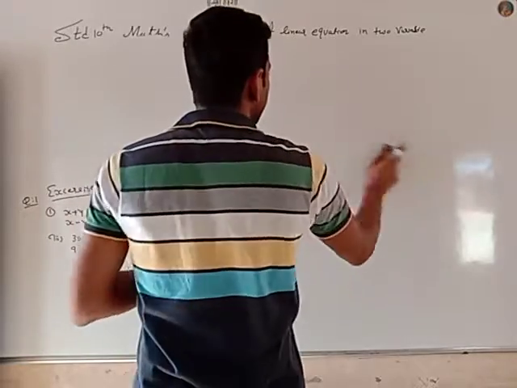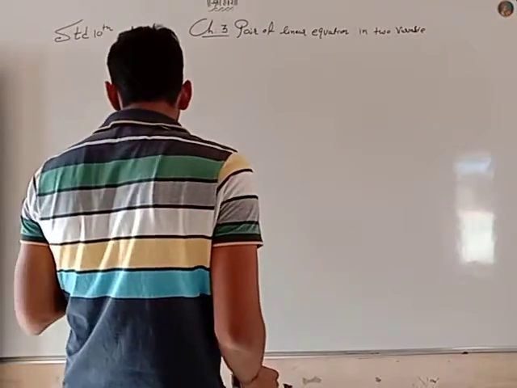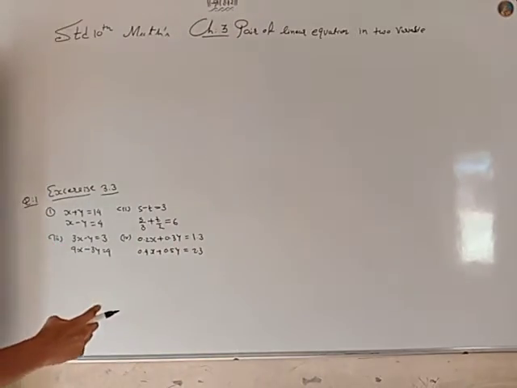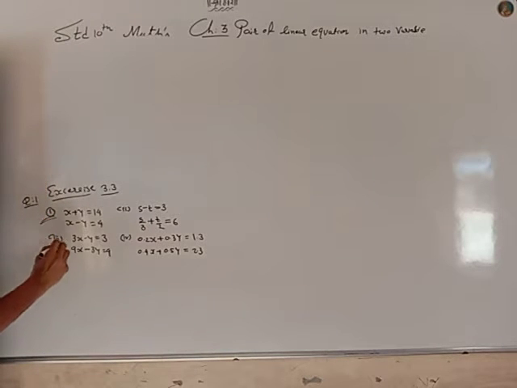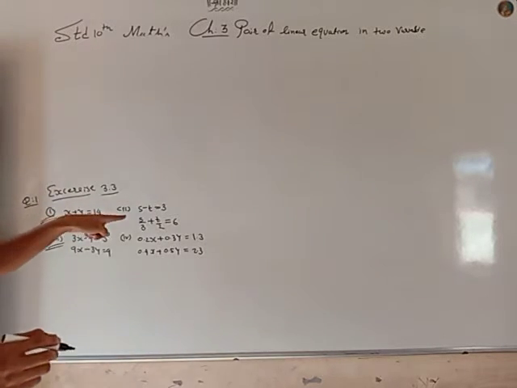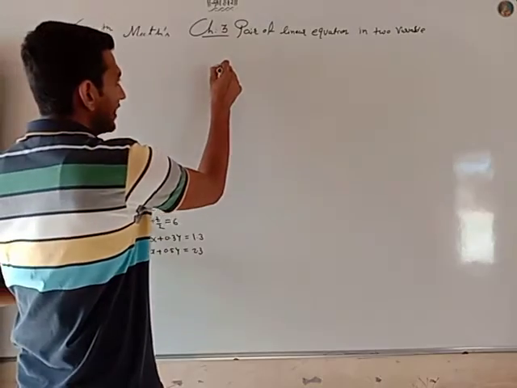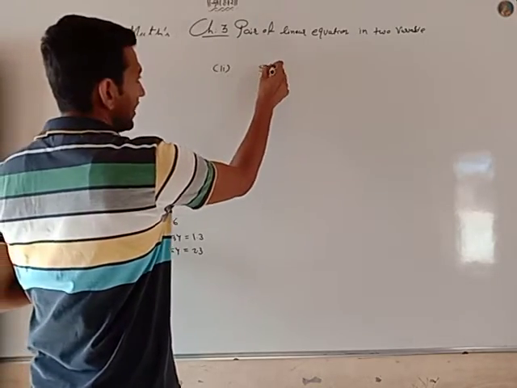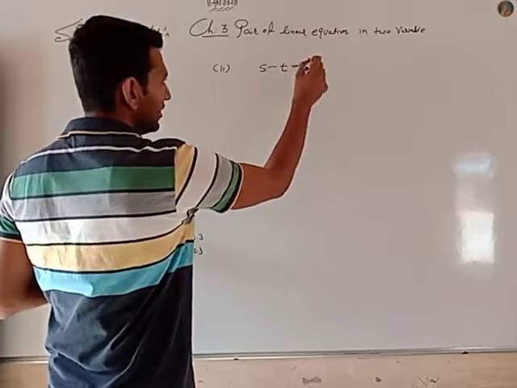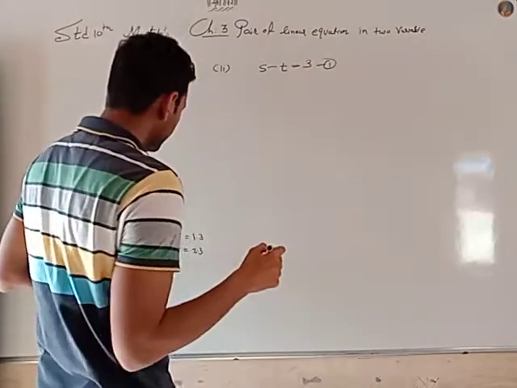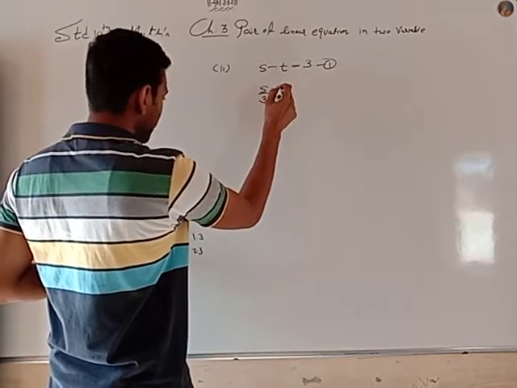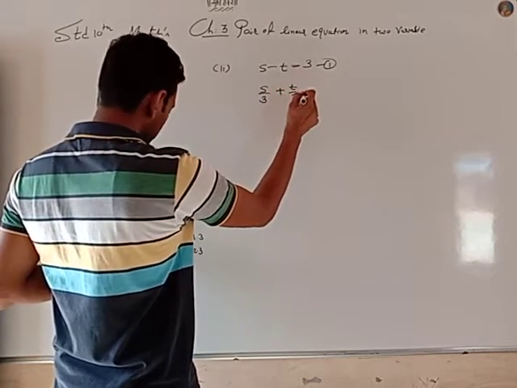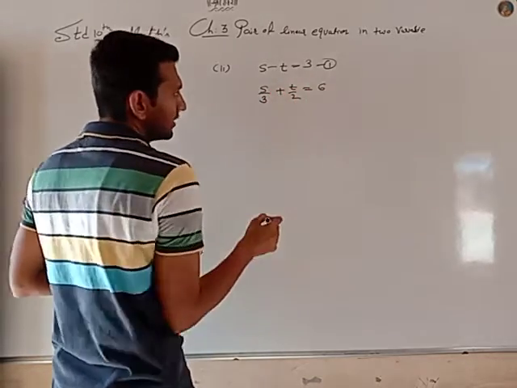In exercise 3.3, the first sum and the third sum, do yourself. These and these, do yourself, and I will give the hint in a second. So first: s minus t is equal to 3. This equation is okay, but the second equation, see: s upon 3 plus t by 2 is equal to 6.